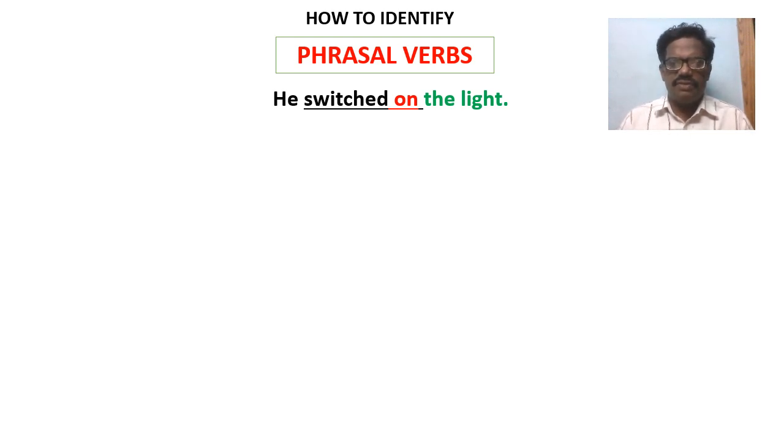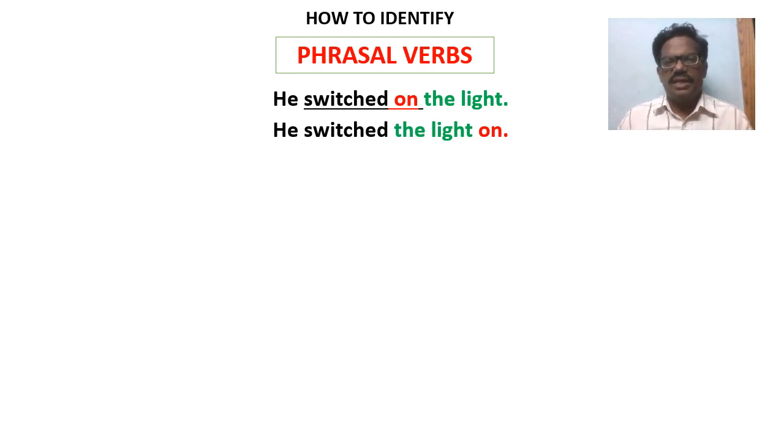Here the multi-word verb switched on has an object after it, that is the light. Here the multi-word verb switched on is called a phrasal verb. It is because the particle on can be separated here and can be placed after the object, that is light, as shown in the example.